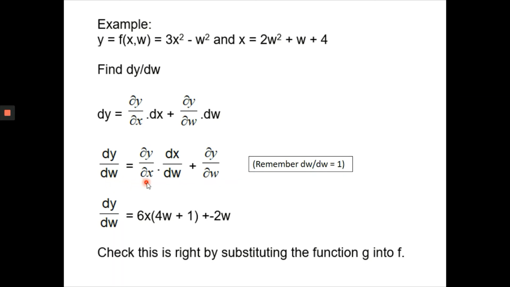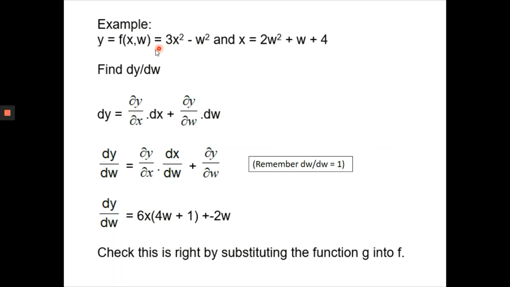So we start off, we need to work out this partial here, right? We need to partially differentiate, we need to differentiate y with respect to x, all right? And we are finding the partial derivative, so we would be treating w as a constant in that case, all right?